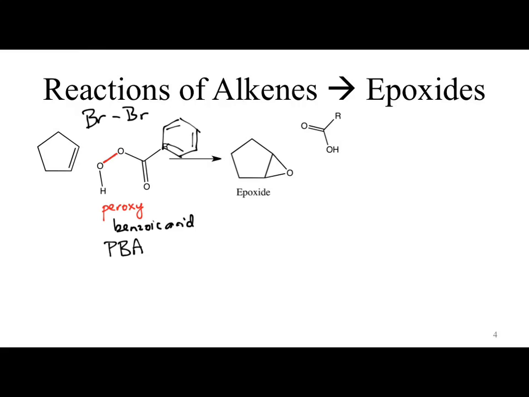Okay. We can make this further reactive by attaching a chlorine out here. That chlorine, we'll talk about it when we talk about the arenes, is in the meta position on the ring. So we've technically got a chloroperoxybenzoic acid.